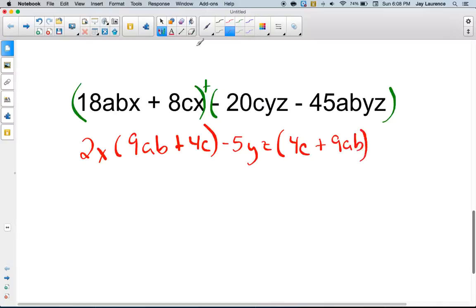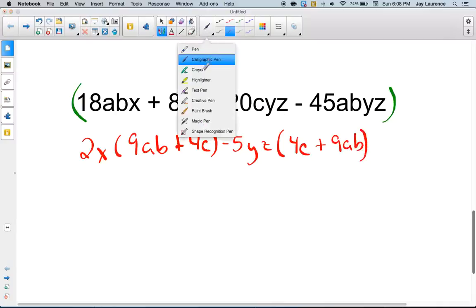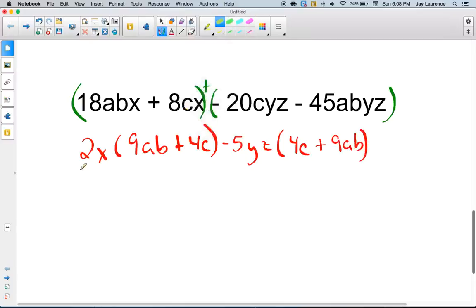Oh, darn. Seems to me that I've got a mistake or something, because I have this factor, the 2x, and then, of course, I have the 9ab plus 4c, but over here I have this minus 5yz, but then I have this 4c plus 9ab, and I did them all different because they're different, aren't they?